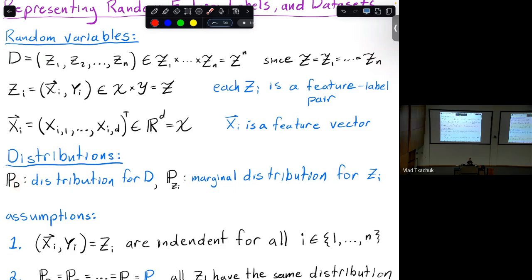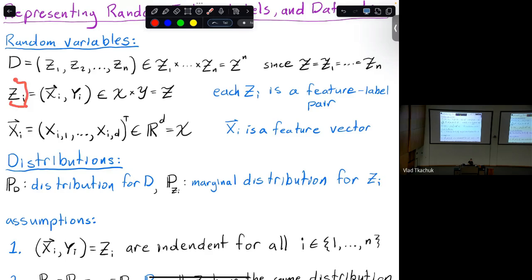So you can ask, what's the probability that these things take on some value, or are in some event. Each one of these feature label pairs has a marginal distribution that I'll write as P of Zi. That's the probability that I get a certain feature label pair.